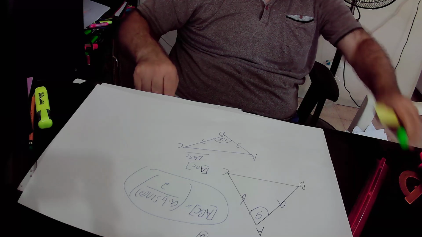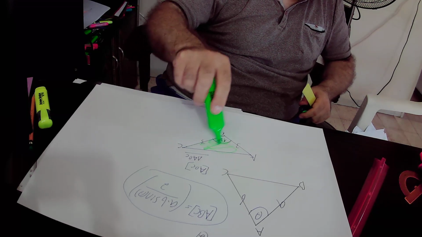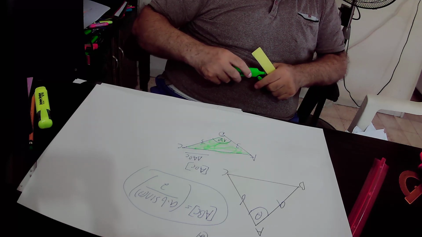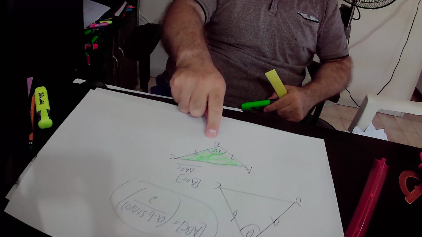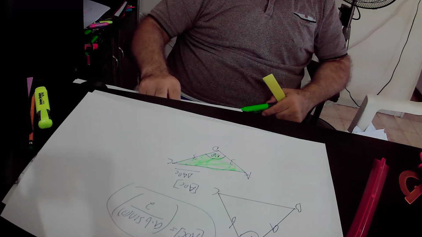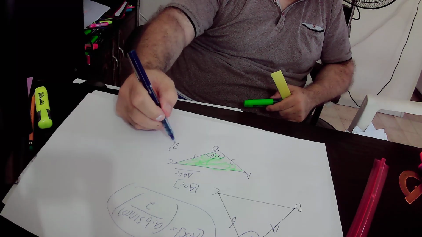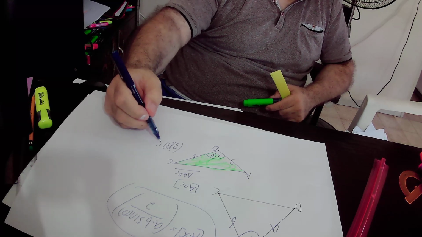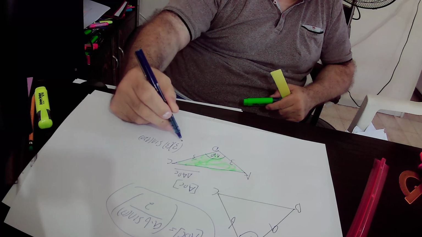So this is triangle AOC that I copied from the original drawing. According to the new formula, the area of this triangle AOC will be equal to 3 times 3 times sine 120 degrees over 2.